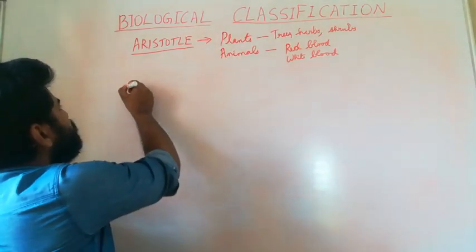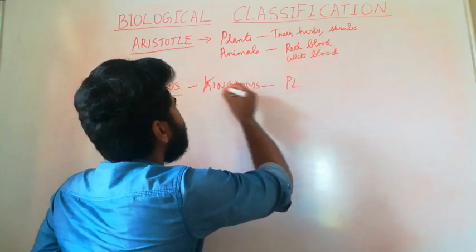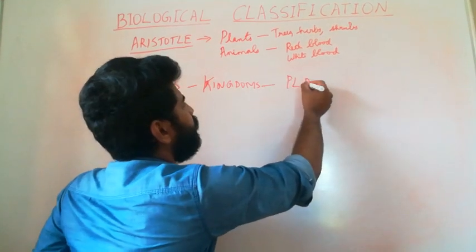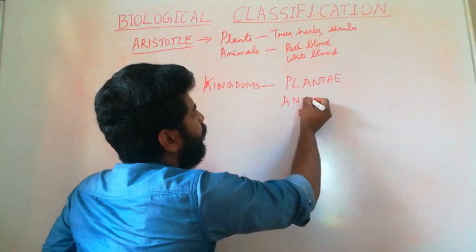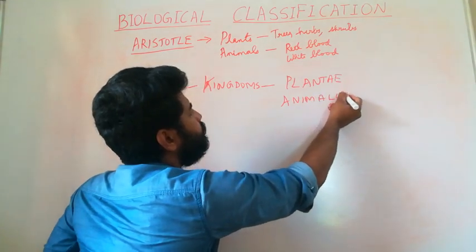Later, Carolus Linnaeus classified them under kingdoms. So the plant kingdom and the animal kingdom.